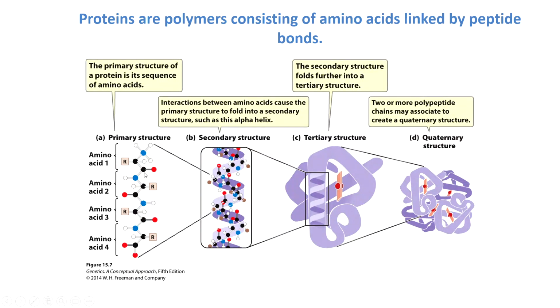Once the primary structure is created, the secondary, tertiary, and quaternary structures will form based on interactions between the R groups and also interactions across the peptide bond. If you're really curious about how proteins fold, don't worry. You'll get a lot more of this when you take biochemistry in your third year.